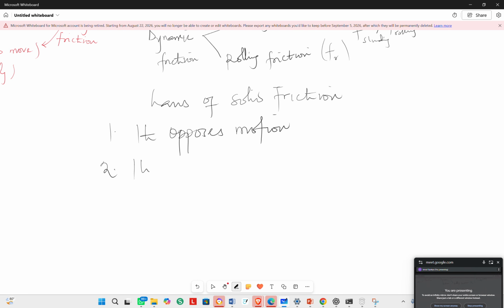Number two, you must know that it acts between two surfaces in contact.